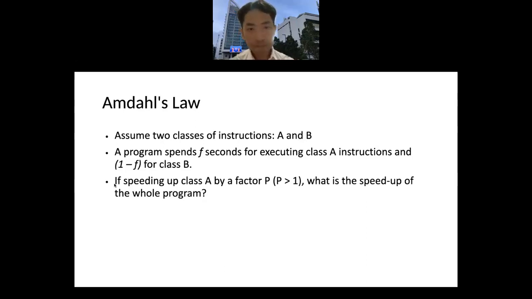So let's say in this case, we have two classes of instruction, class A and class B. Class A means the class that we want to improve. But class B is the instruction class that we don't want to touch. So we leave it untouched or unchanged at all.